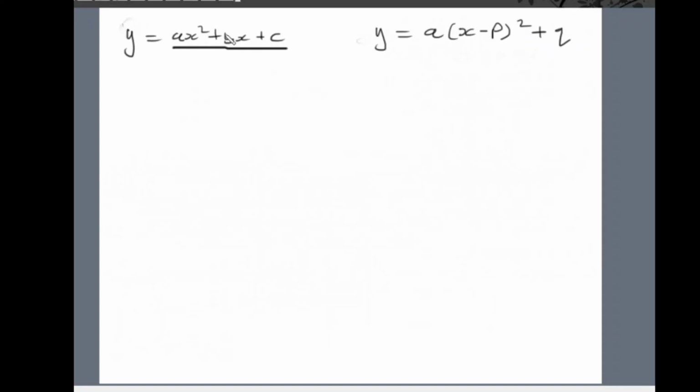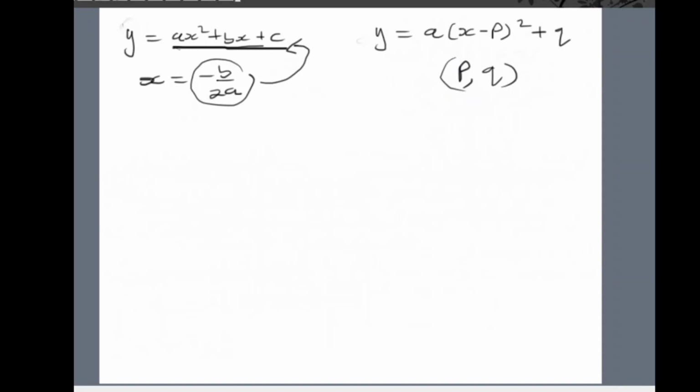So from this, if you have a function given in this form, the way to calculate the turning point, you'll say x is equals to minus b over 2a, right? That will be the x coordinate of the turning point, and for the y coordinate, you will substitute this x value into your equation to get the corresponding y value, right? And then if it's given like this, you know straight away the coordinates of the turning point are p and q.